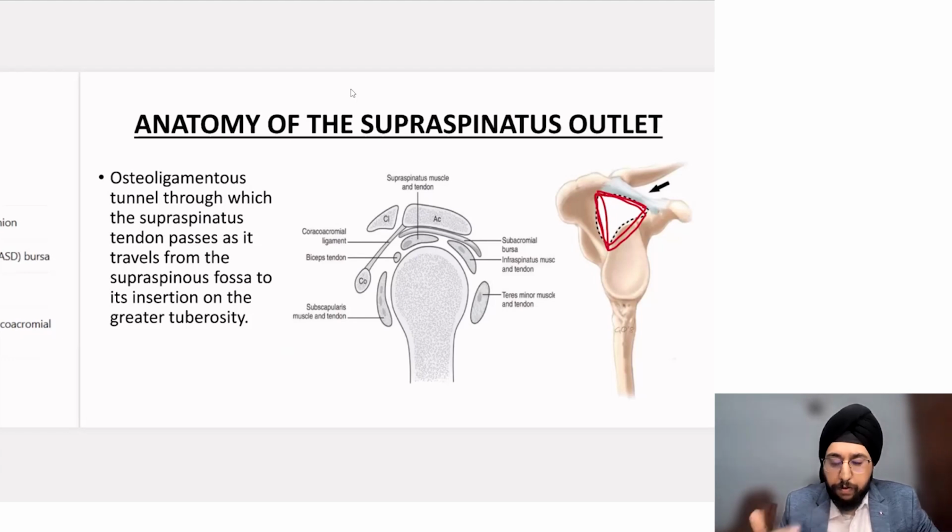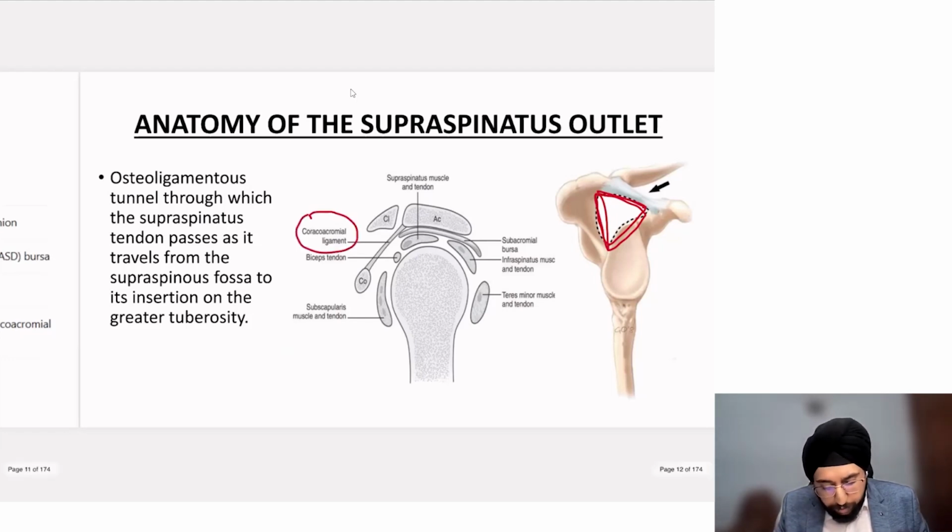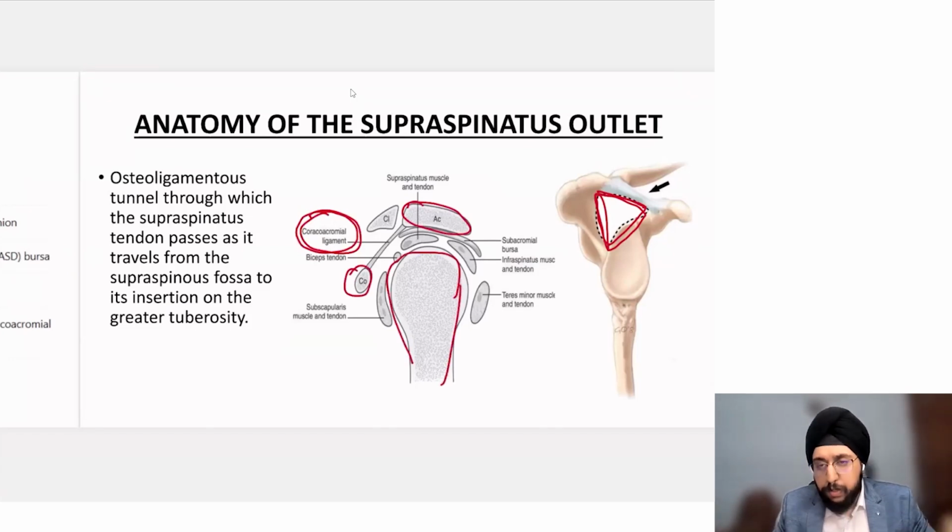The most important ligament is the coracoacromial ligament, and the bony structures include the acromion, the coracoid, and on the posterior aspect the humeral head. So this narrow portion is your supraspinatus outlet.